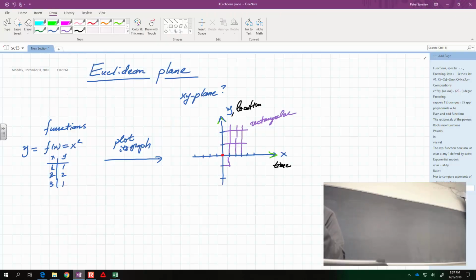Now we are taking a different angle, and that different angle goes back to Euclid, in which we are studying literally plane geometry. So you have a piece of paper, as they did, and then on that piece of paper they had lines, they had triangles, they had circles. Okay.